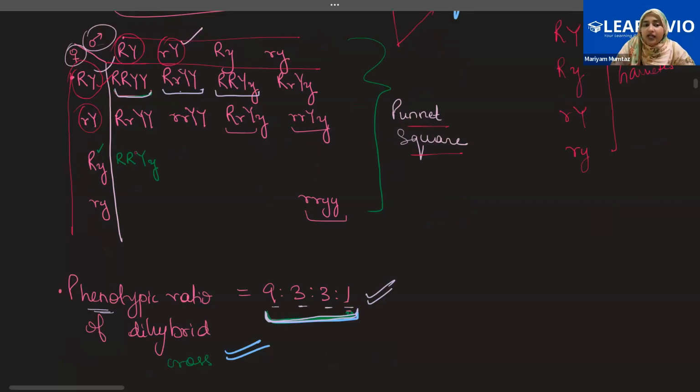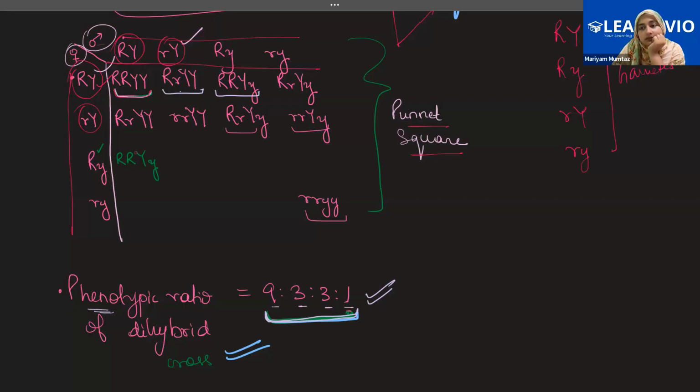Now, can you tell me the phenotype of this first one? It is round and yellow. Second? Round and yellow. Third? Round and yellow. Fourth? Again round and yellow. Fifth?